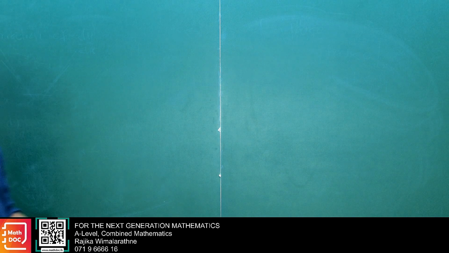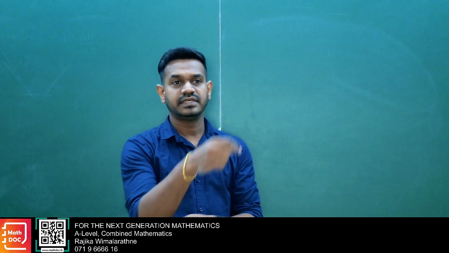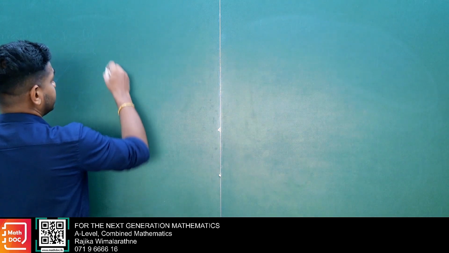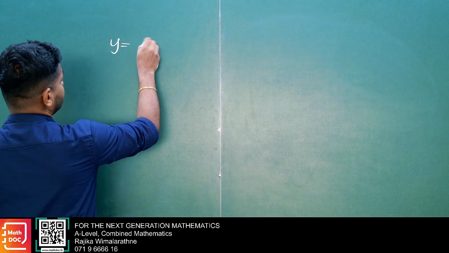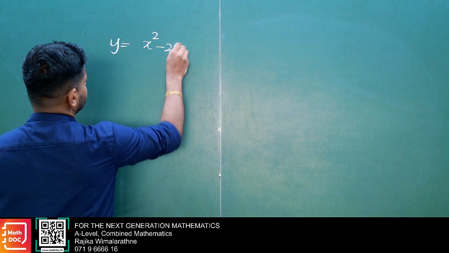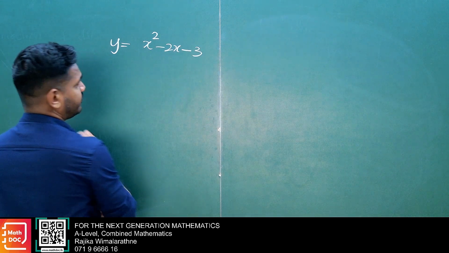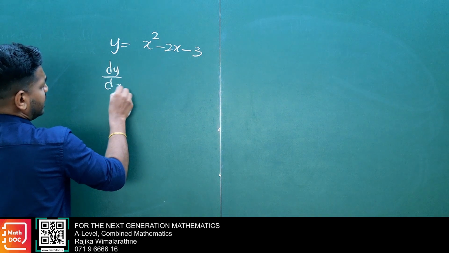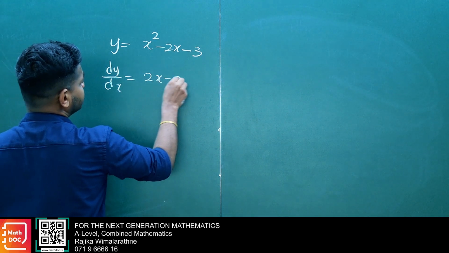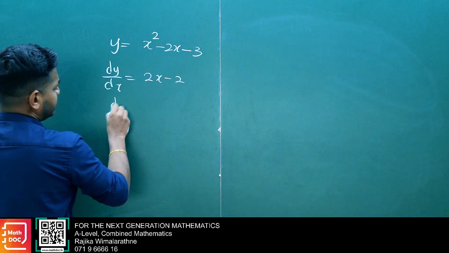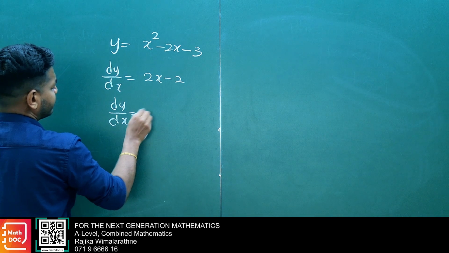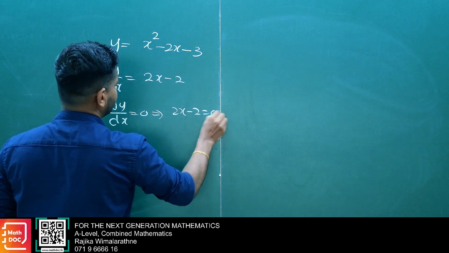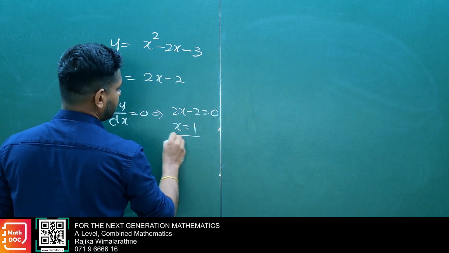Okay, now I'll do this for simple function. You consider y equal x square minus 2x minus 3 function. So differentiate this, dy by dx. Here 2x minus 2. Then check dy by dx 0 point. Then 2x minus 2 equals 0, x equal 1. Here we call critical value.